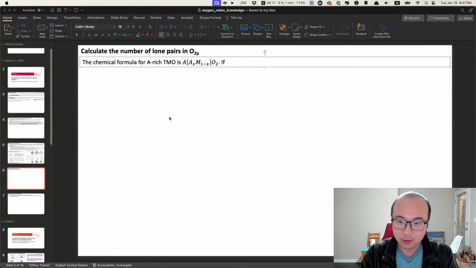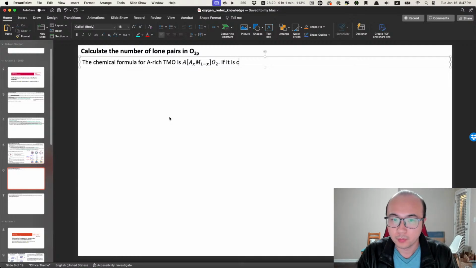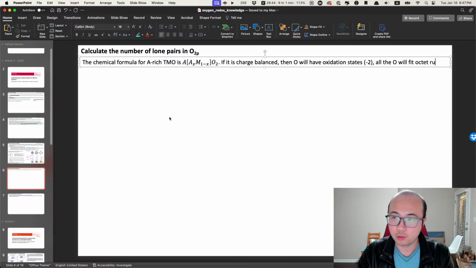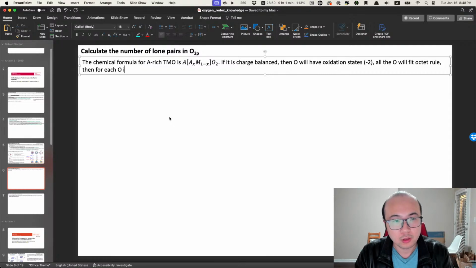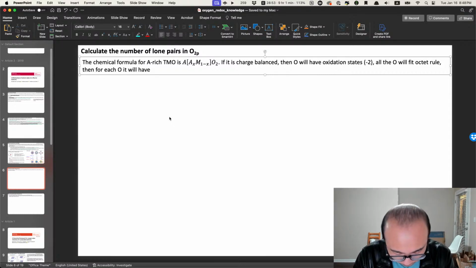If it is charge balanced, the oxygen will have oxidation state -2. All the oxygen will satisfy the octet rule. Then each oxygen will have 2 lone pairs of 4.